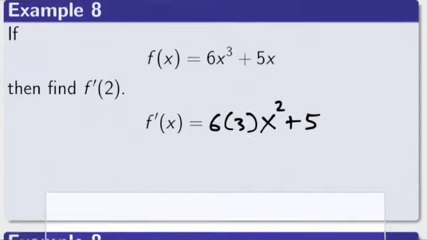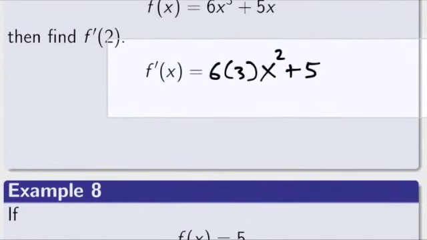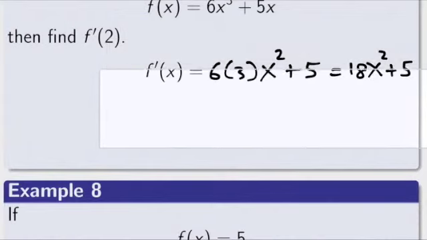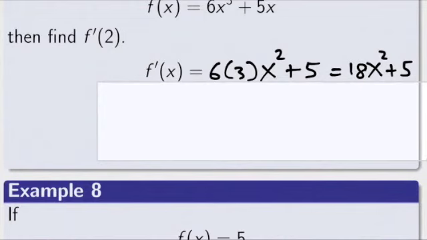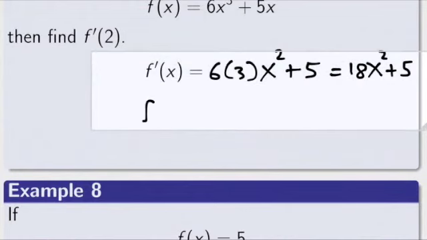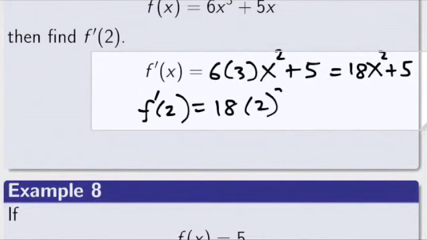So we have 18x squared plus 5. So now if we evaluate the derivative of f with respect to x at x equal to 2, we need to sub in x equal to 2. So we have 18 times 2 squared plus 5. 4 times 18 is 72 plus 5 is 77.